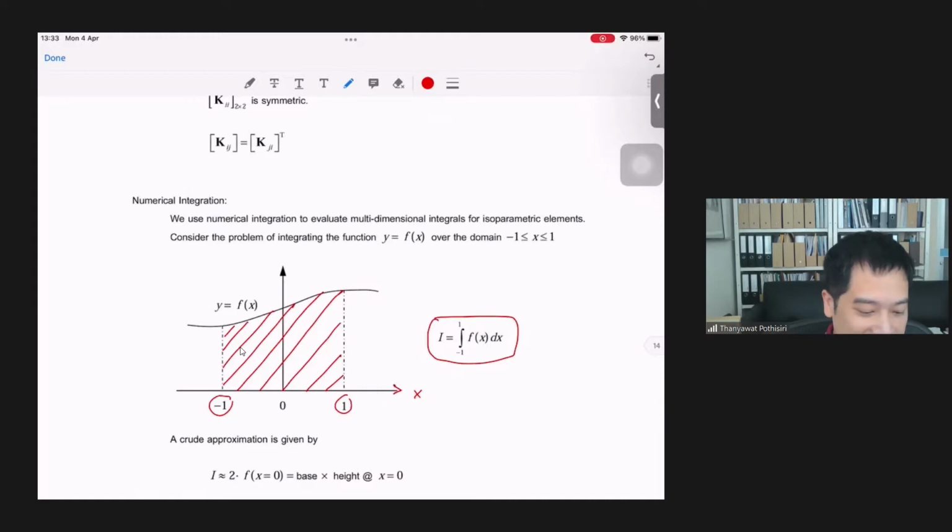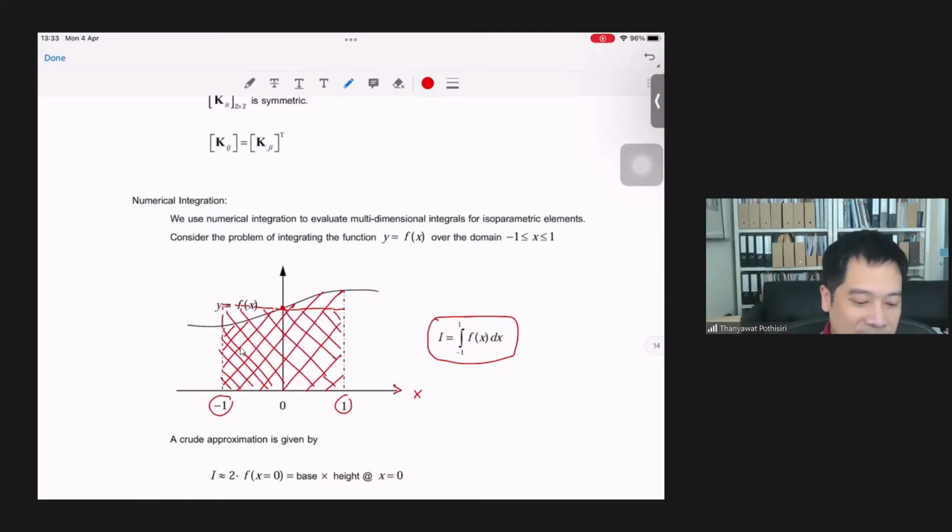For example, you can say something like, okay, I can pick a certain point here on my function and use this point as a representative value. Okay, and then I can also compute the area under this representative value, which is going to be this area right here.